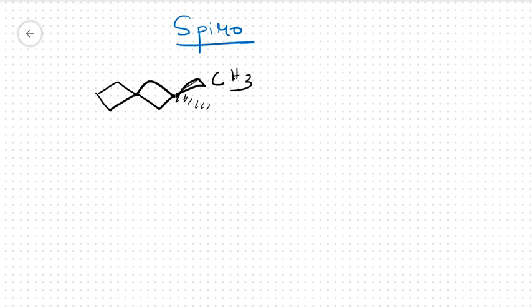So this is CH3, this is H. So we have to make it a point that we have to look. This is head, this is tail.